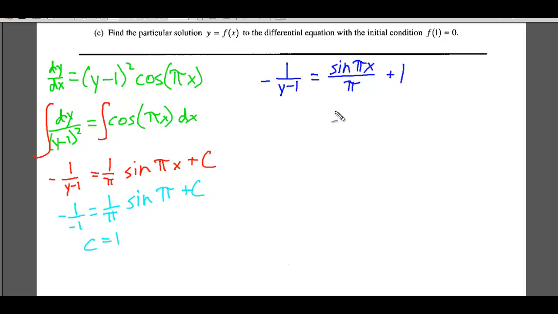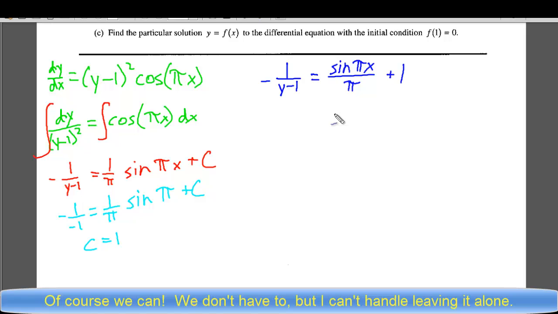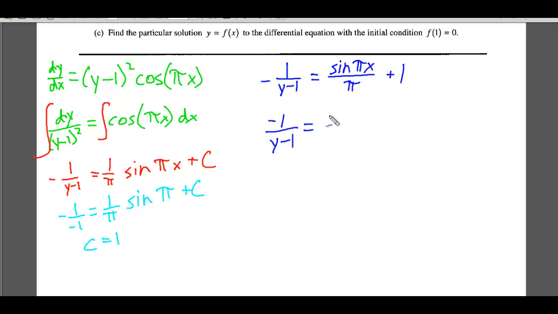Can we simplify that? Let's make this negative 1 over y minus 1 equals (pi plus sine pi x) over pi.